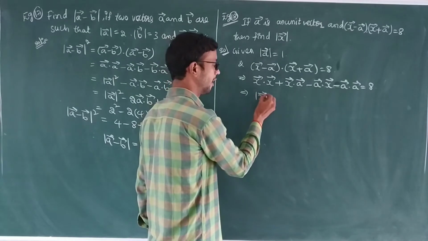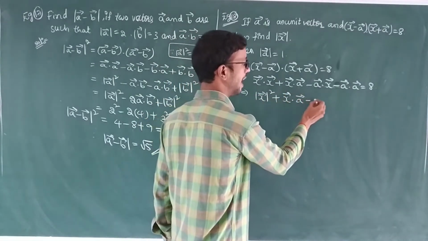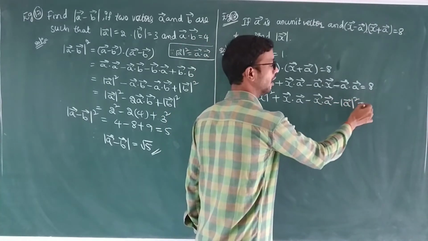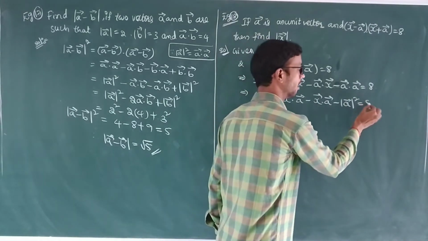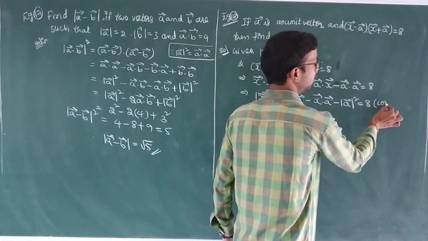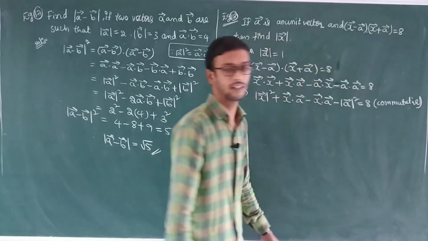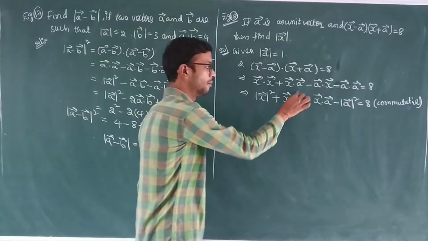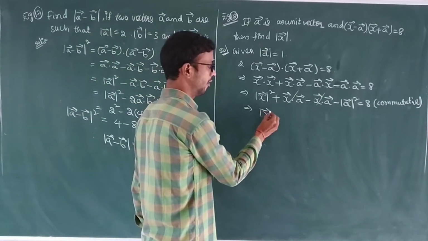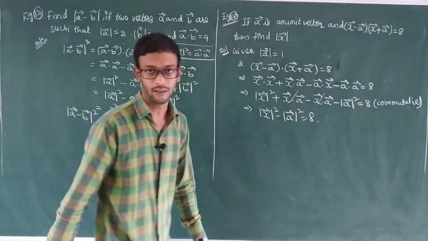So magnitude of X bar square plus X bar dot A bar minus A bar dot X bar minus magnitude of A bar square is equal to 8. Why I am writing this is the commutative law. So that's why we can change that one. Now you observe both same only, cancellation you get. So the remaining value is magnitude of X bar square minus magnitude of A bar square is equal to 8.